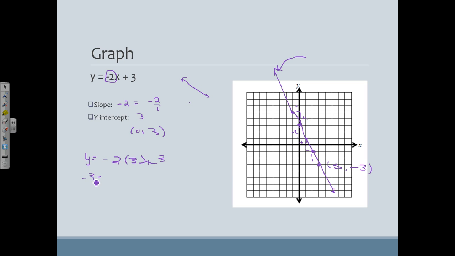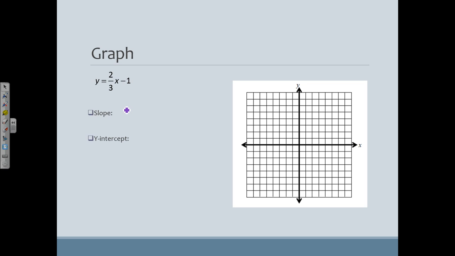So negative 3 equals negative 6 plus 3, and negative 6 plus 3 is negative 3, so it works. Any point that lies on that line is going to give you a true statement. It's important that you understand that anything on the line is a solution.